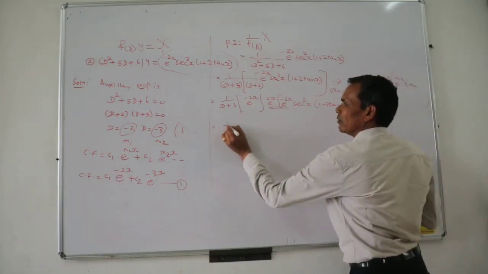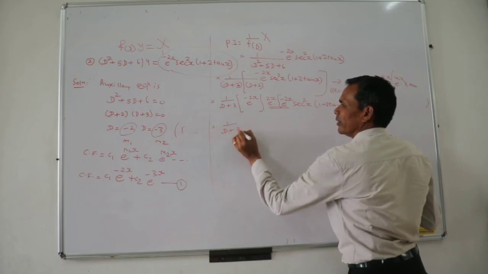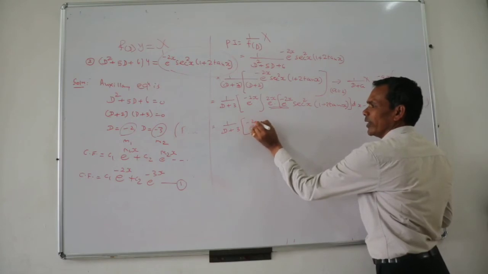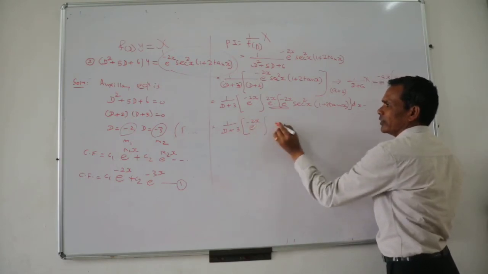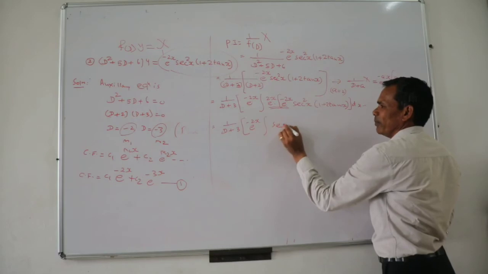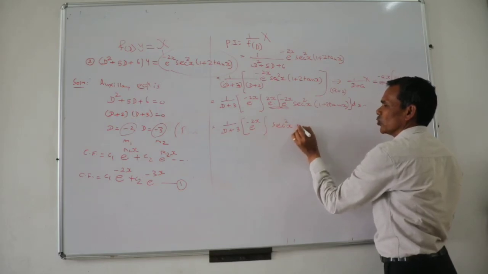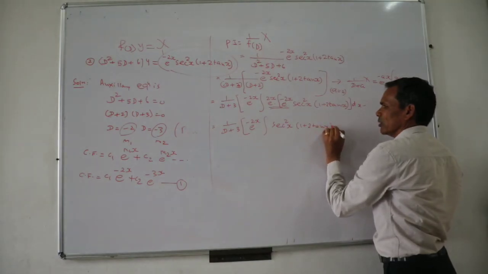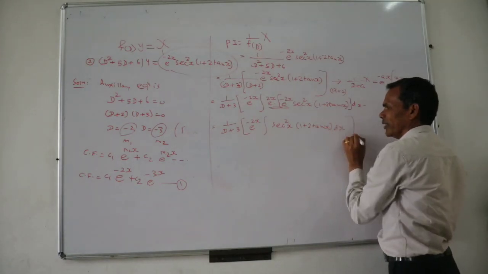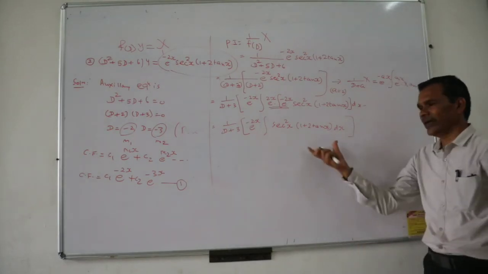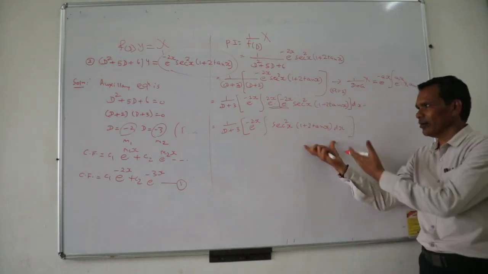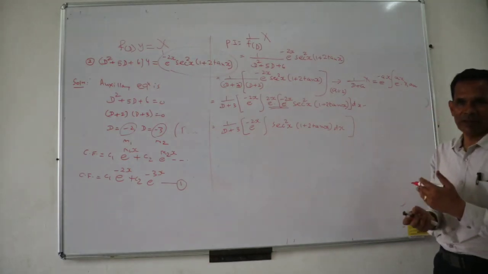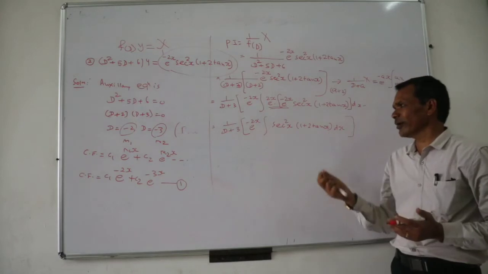You are getting 1 upon D plus 3, integration of e raised to minus 2x, and here e raised to 0 means simply sec square x into 1 plus 2 tan x. So like this you are getting again. If you see the integral, this is a parallel integral. Now if you observe tan and sec square, or x square and 2x, then sine and cos, these are the pairs of integrations.